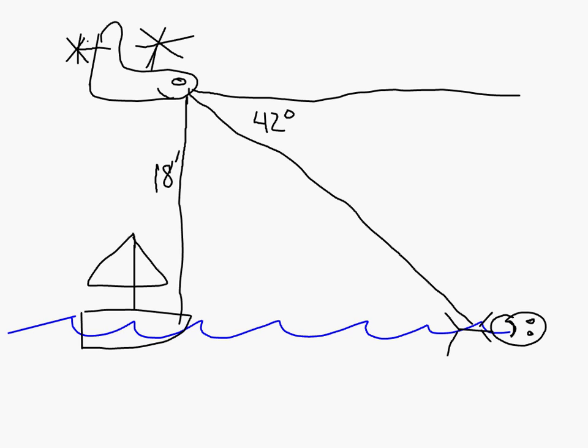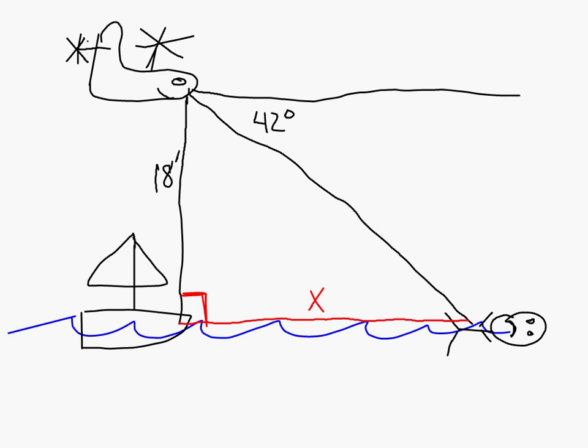The rescuers are over here in the boat loading these people on that hoist. So since the helicopter is vertical of the boat, we've got a 90-degree angle right here. And we're looking for this distance right here from the rescuers to the guy in the water. So we'll make that our variable.